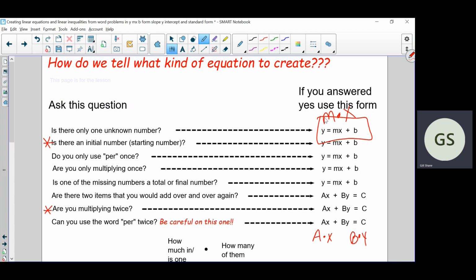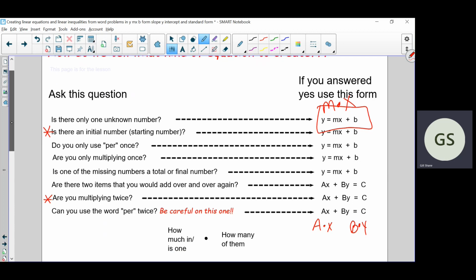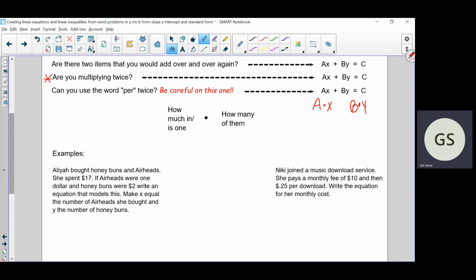So those are the two I think are the easiest. If you see some other ones that you think you can use better, like we talked about using per once versus using it twice, whatever you think is the best. One way or another, though, we got to create an equation, and the first part of that is figuring out which version. So in this problem, I'm going to do these first couple, then you'll do the second two.